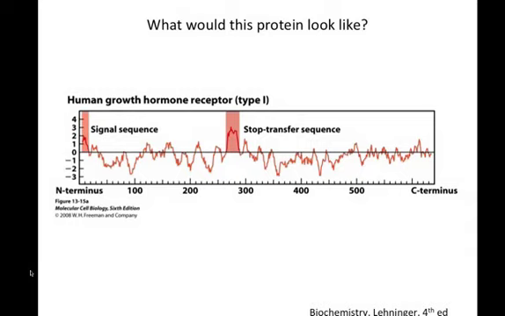Is there any specific way to know, like, is it the amine group and the other group? Is it like one group stays inside the ER and the other stays inside the cytosol? So the question is, how do you know which side goes in the ER and which side goes in the cytosol? It has to do with the sequence, and we're not going to worry about that.